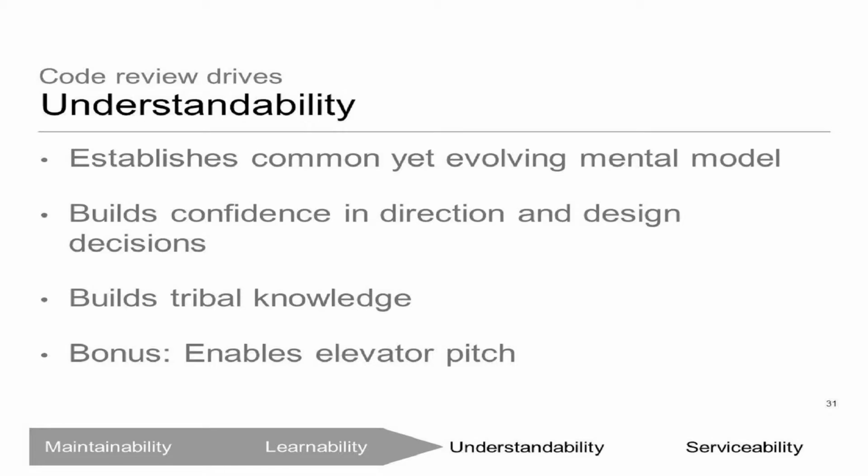In doing so, they better understand the architecture and the implementation and are better equipped to identify not only the undesirable, but also the desirable deviations from the established plan and best practice. This builds tribal knowledge ripe for passing to others, including to executives and investors in that proverbial elevator.